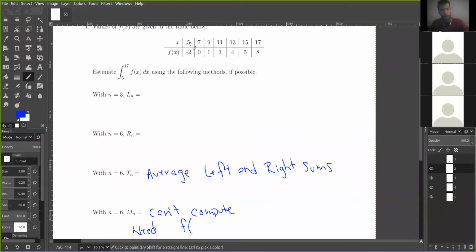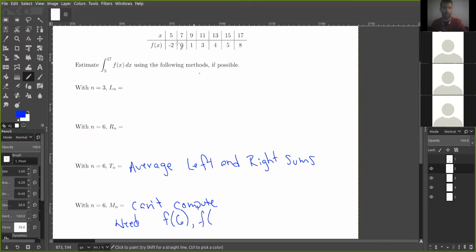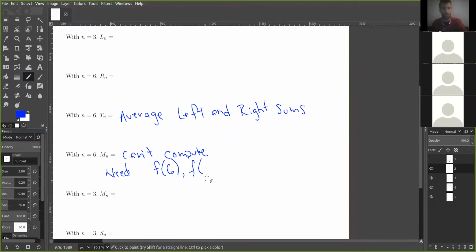Well, if our first interval is between 5 and 7, I need the midpoint of that. So I need 6, and I need the value of the function at 6. Then we would need the next one. We would need f of 6, f of 8, f of 10, etc.